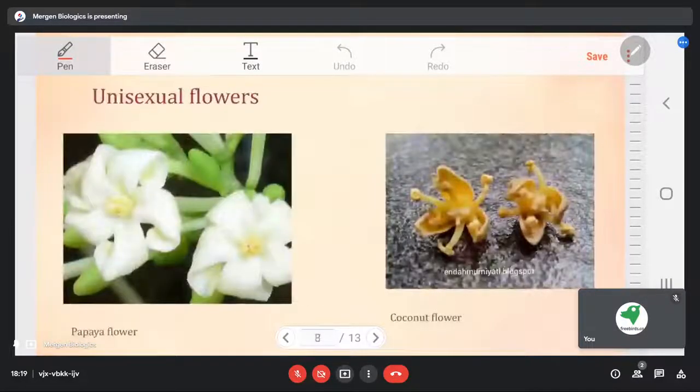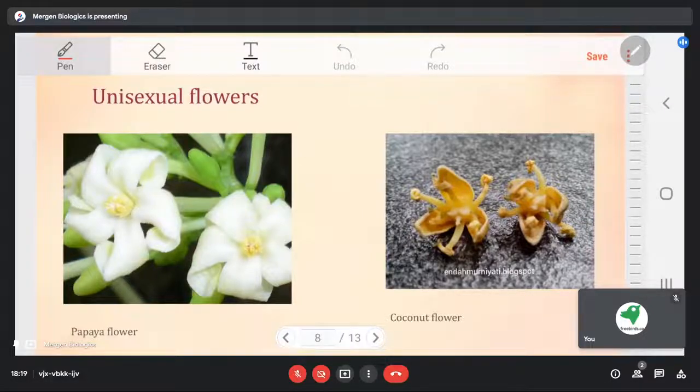Now, I have repeatedly been saying the words unisexual flower and bisexual flower. For an example of a bisexual flower, we have used the hibiscus. Now, what are unisexual flowers? I have told you that a unisexual flower has either androecium or gynoecium, that is either the male part or the female part.